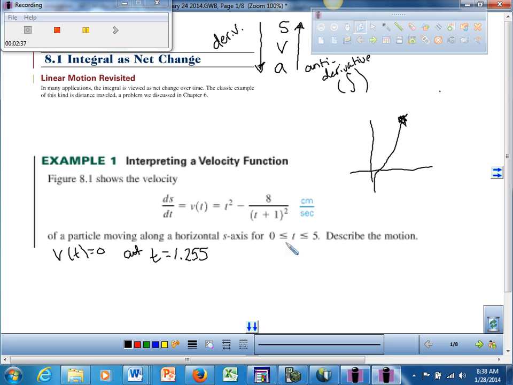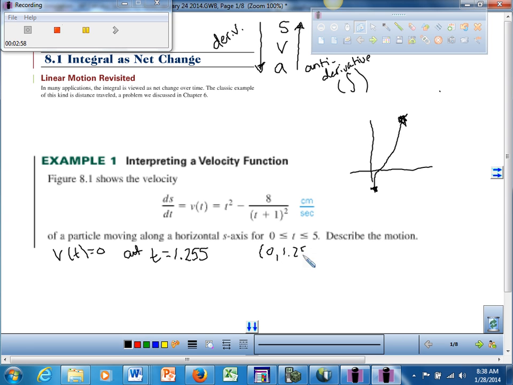Okay, thank you. All right, so if we're talking about motion on the x-axis, or horizontal motion, then what is it telling me from time 0 to time 1.25? Backwards would be to the left.